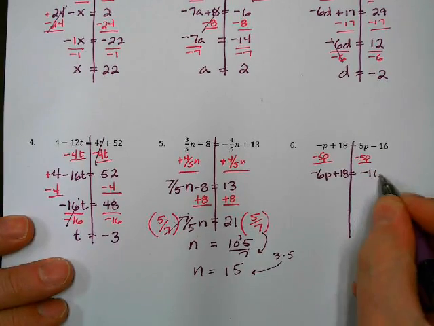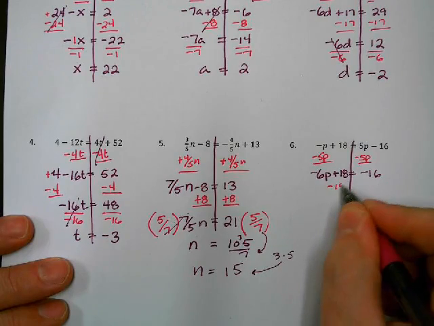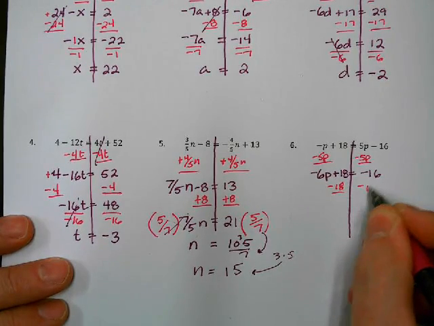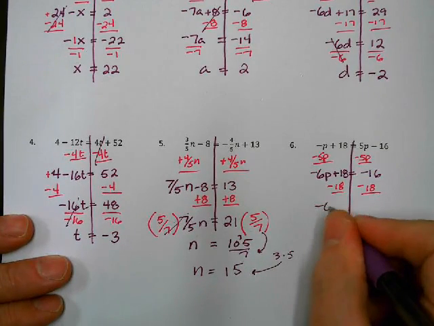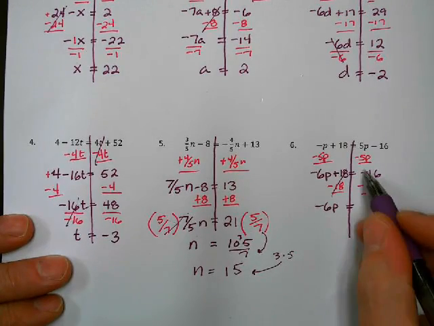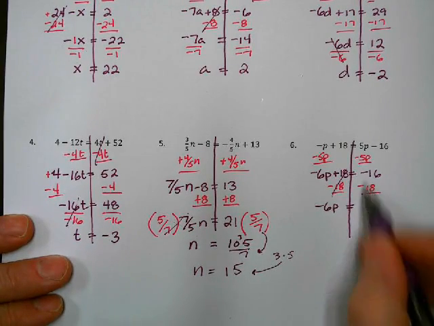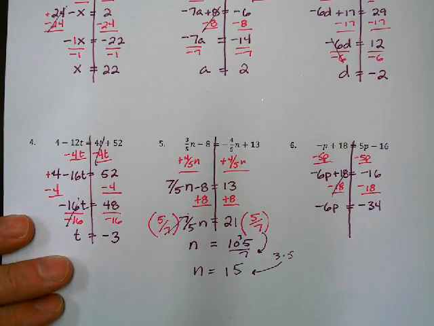Okay, I'm going to subtract 18 from both sides because I'm a good person. I get negative 6p equals, the 18s have canceled. Over here, I got a negative and a negative, so I add the numbers and keep the negative sign. That's negative 34. I will divide by negative 6.